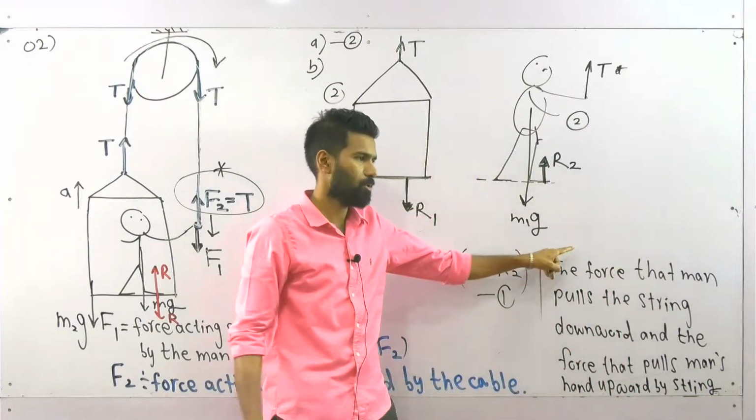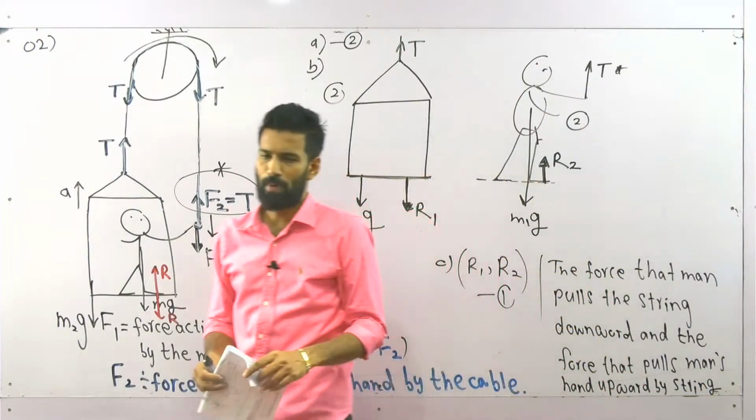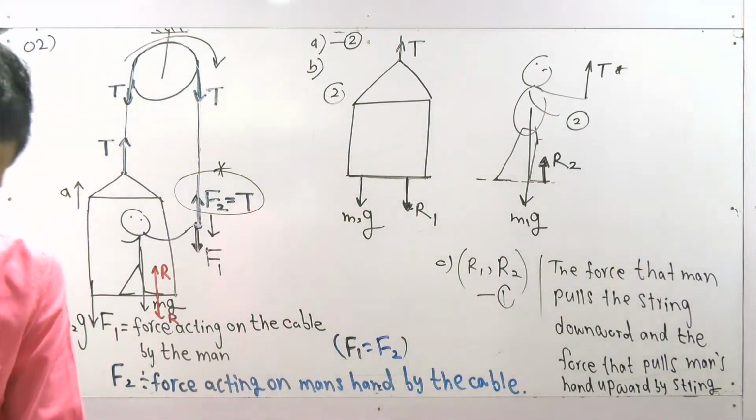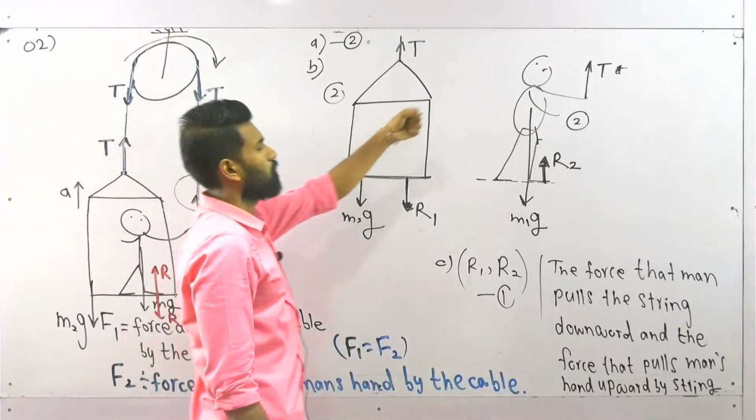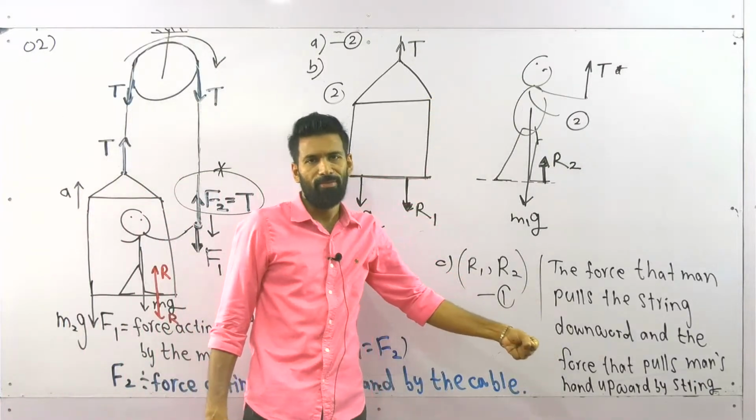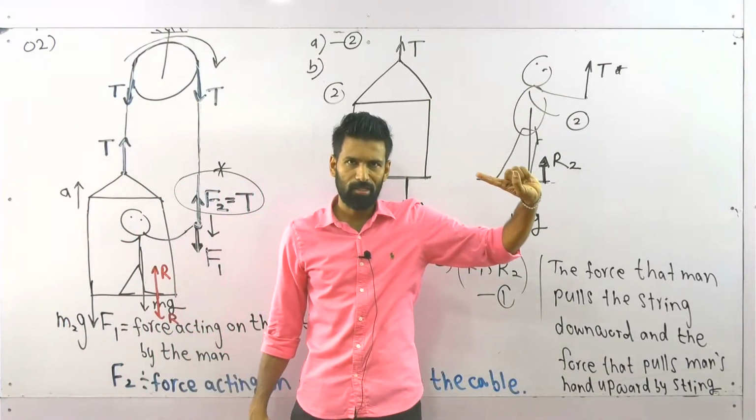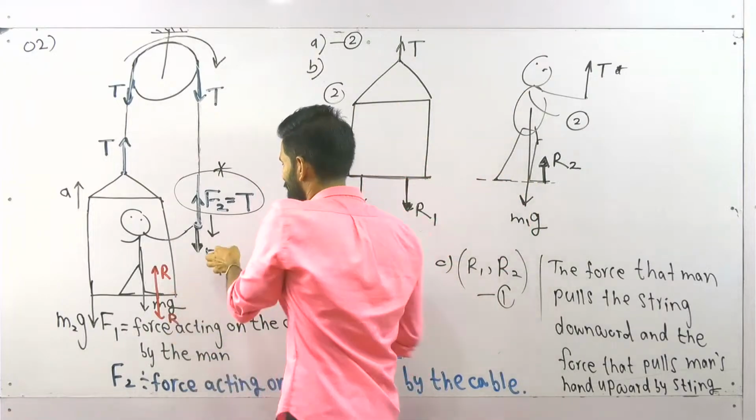So that's also a Newton's third law companion. The force that the man pulls the string downward and the force that attracts the man's hand upward, F1, F2.